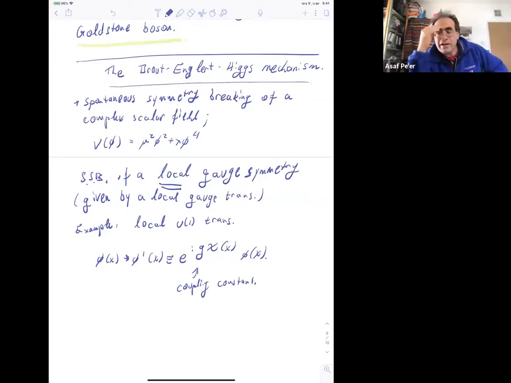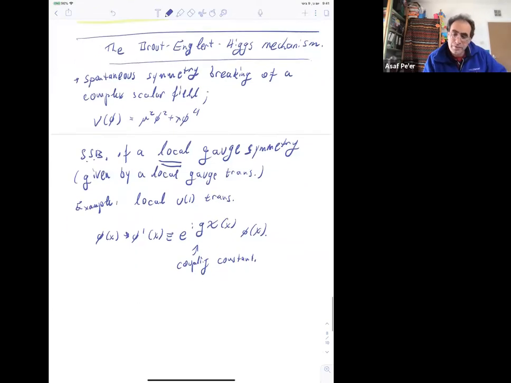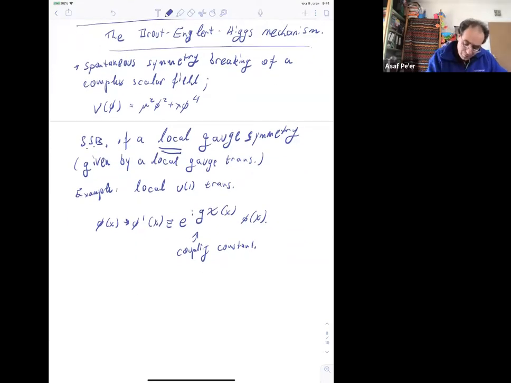So now we have to apply everything we learned previously about local gauge symmetries. In order for the Lagrangian to be invariant under the local gauge transformation, we need to replace the derivative with what? What did we do?